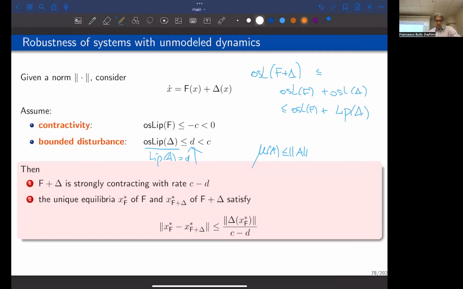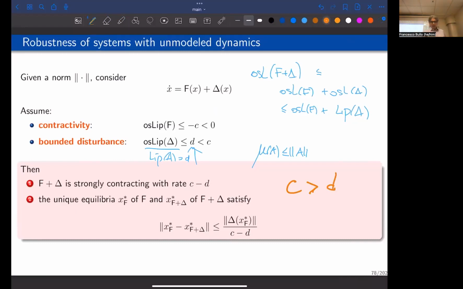Well, you need that the rate of contraction c is larger than d. So you measure the contractivity of the nominal system, you measure the one-sided Lipschitz constant or the Lipschitz constant of the disturbance, and you ask that c is greater than d. And if so, the resulting perturbed system is contracting, the rate of contraction diminishes. It is c minus d, it's the gap, right?